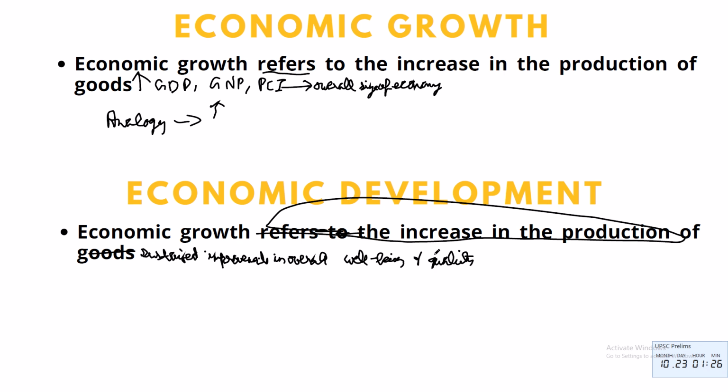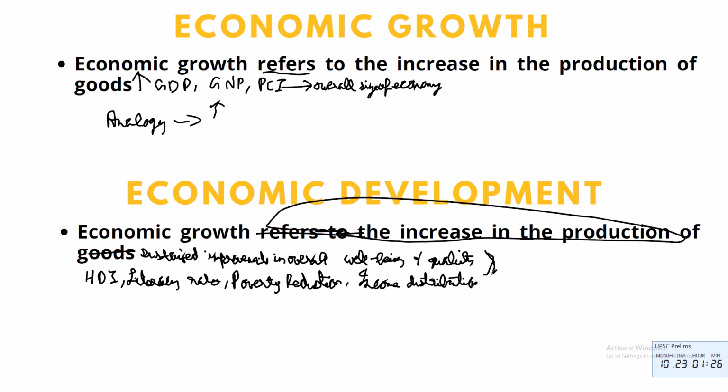See, it includes not only economic growth but also social, institutional, and environmental changes. See, Human Development Index (HDI), literacy rates, poverty reduction, income distribution, that is wealth distribution. These all act as economic development.